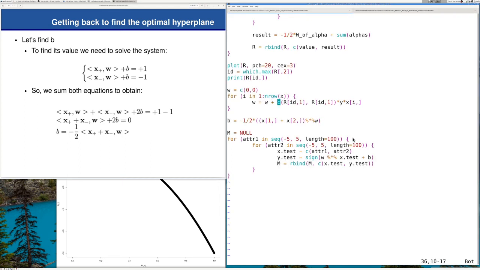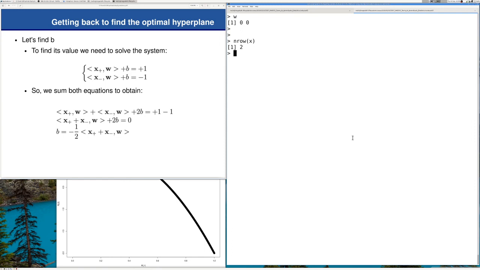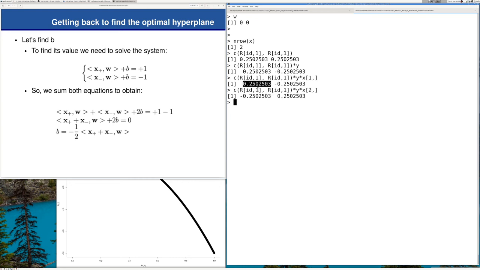So my W over here will be, of course, R ID 1 and R ID 1 again. Those are my alphas. Okay, perfect. Times Y, perfect. Times my first element. And when I do the same for my second, take a look. This will cancel out with this, and this will cancel out with this. That's why W is 0, 0.